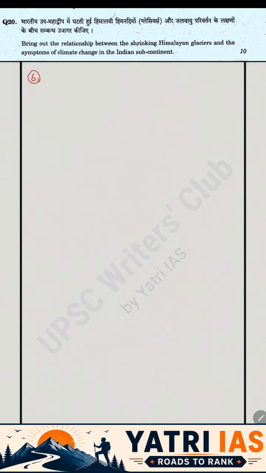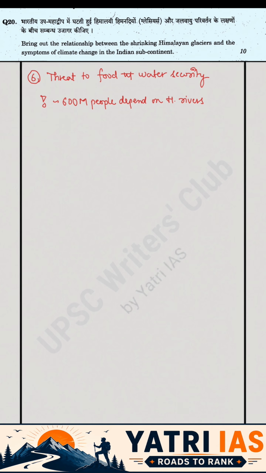After this, you would mention threat to food and water security. With shrinking Himalayas and climate change, threat to food and water security is very much visible, because you can cite this: nearly 600 million people of India depend on Himalayan rivers for a variety of reasons, for agriculture, for food, water, drinking water. So this is also a reason.